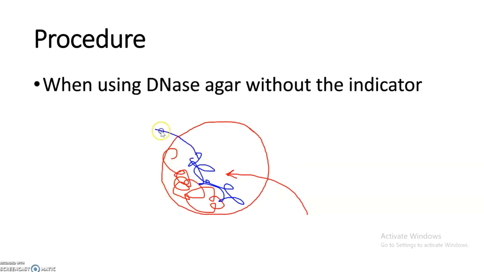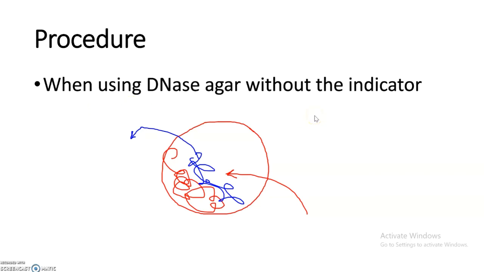Then decant the excess HCl and examine the plate within 5 minutes against a dark background to see a clear zone. If you see a clear zone, it means that the result is positive. And if you see no clear zone, it means that the result is negative.